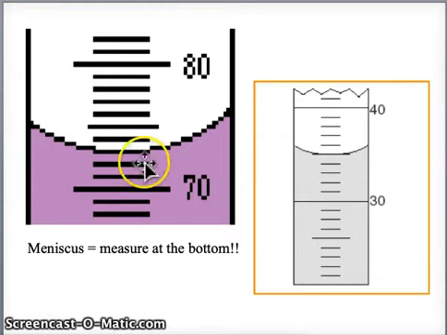You need to make sure that you're measuring right here at the bottom. This arc is called the meniscus. So in this case, our measurement would be 1, 2, 3, so 73. If you measured at the top, you would get more like 76. That's clearly a very different measurement. So we always measure the bottom.